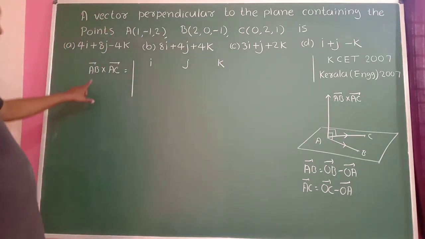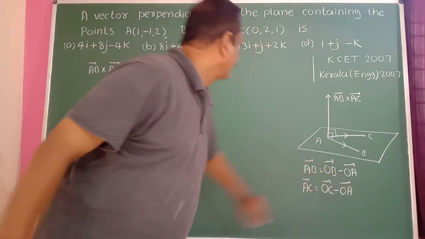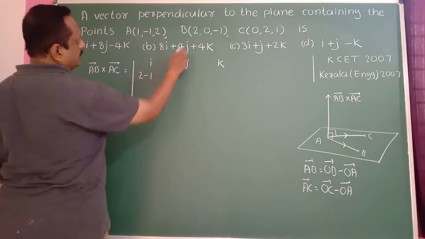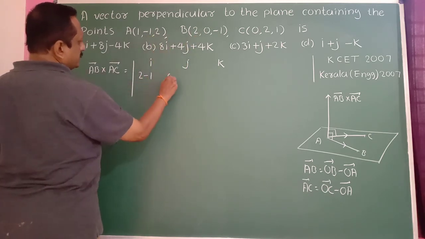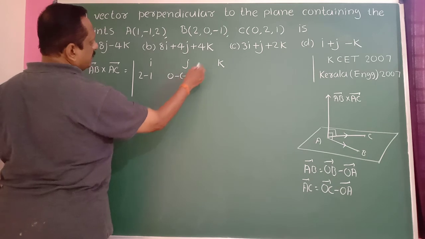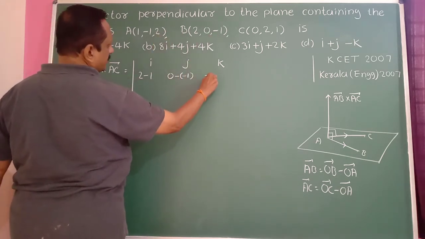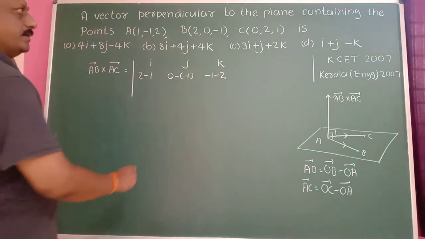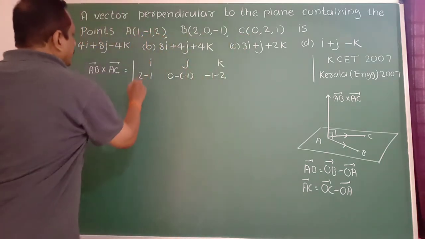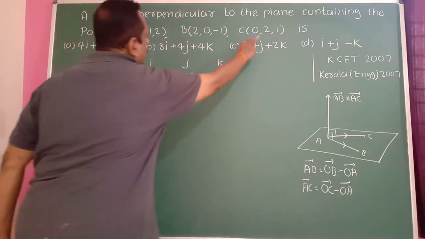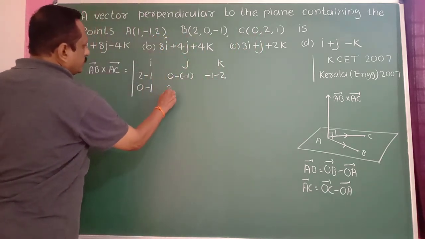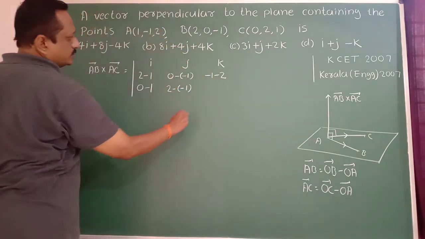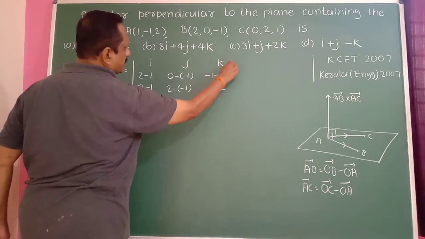Then AB is OB minus OA: 2 minus 1, 0 minus minus 1, minus 1 minus 2. Then AC is OC minus OA: 0 minus 1, 2 minus minus 1, and 1 minus 2.